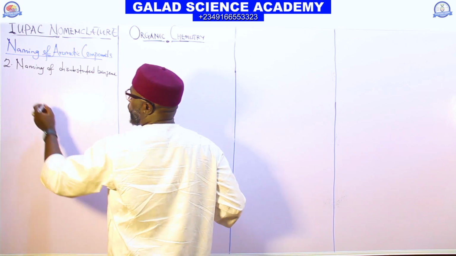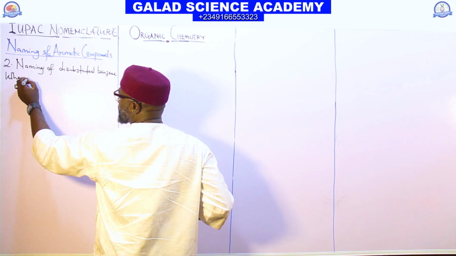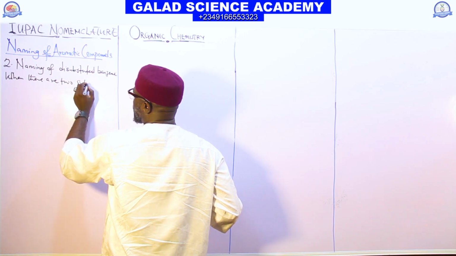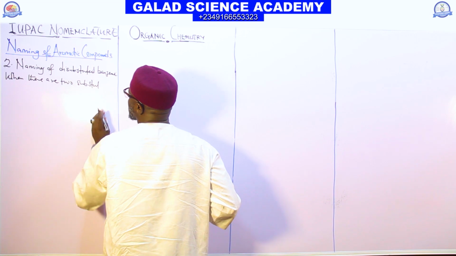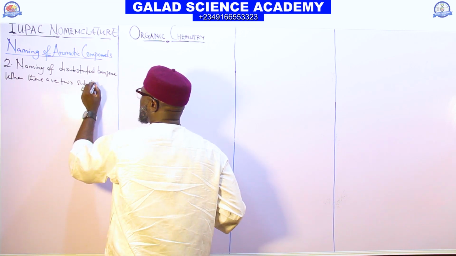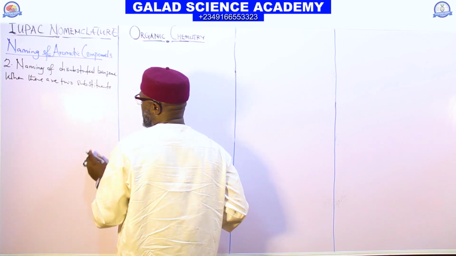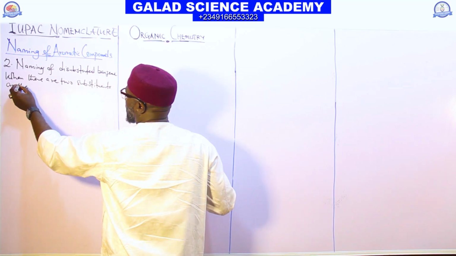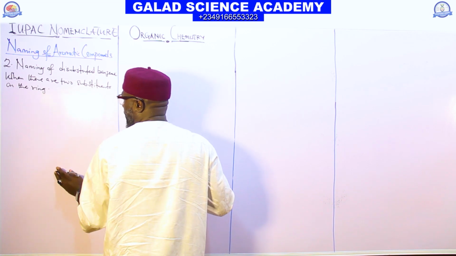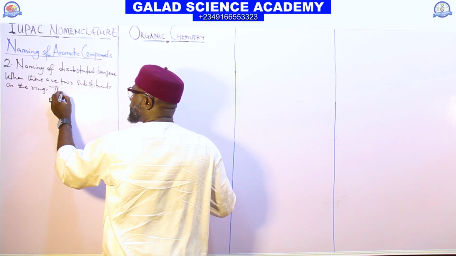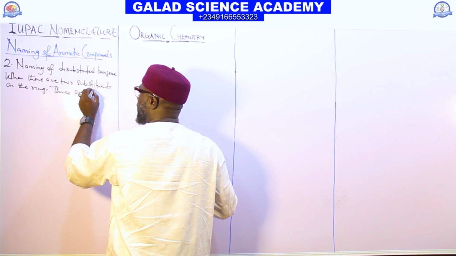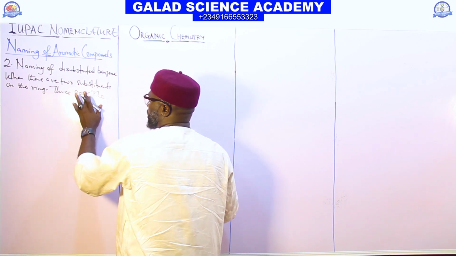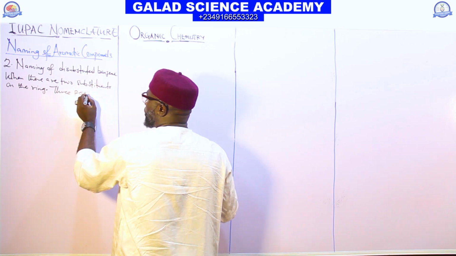What happens here? When there are two substituents on the ring, three possible isomers are possible when we use position.